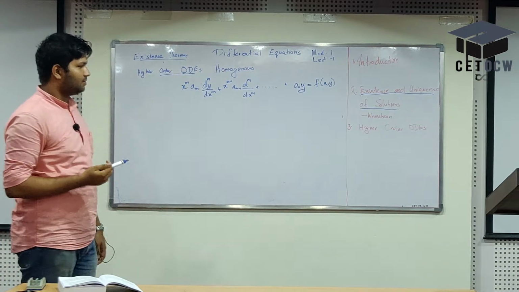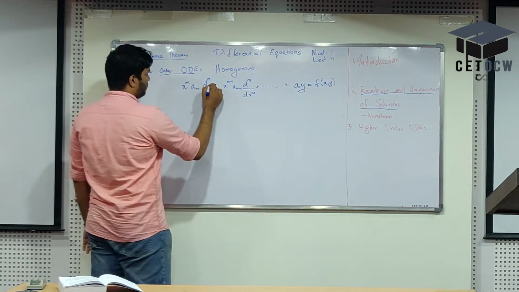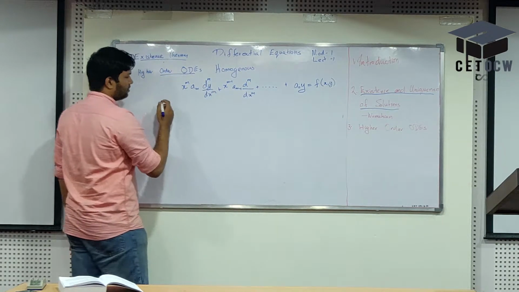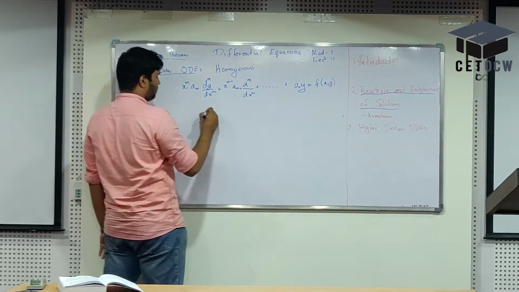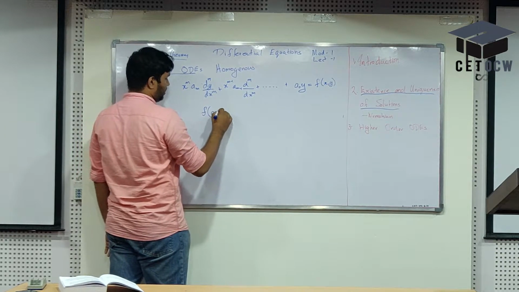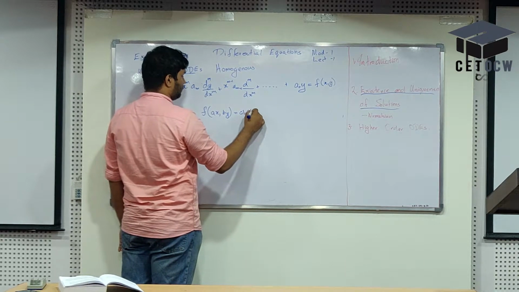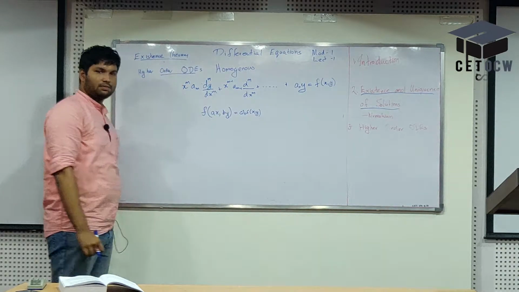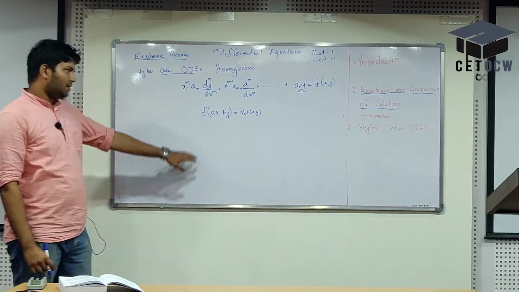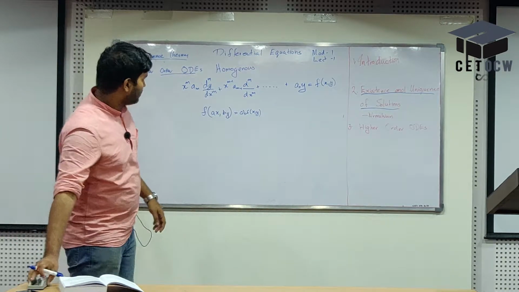It simply says that if I put a value for y here, and I can extract the same thing here, or in other words, f of (a x plus b y) is equal to ab f of (x, y). If a function satisfies this condition, it is said to be homogeneous. Same applies for the differential equation as well.